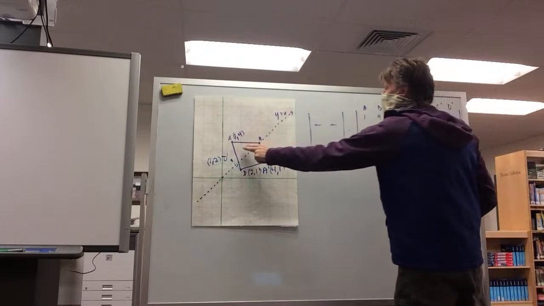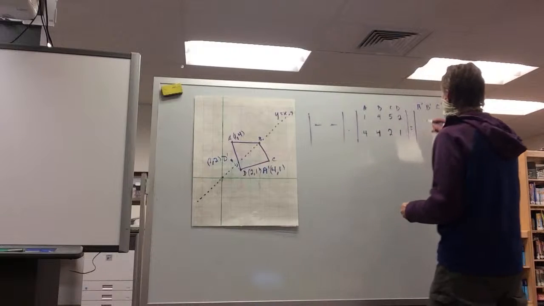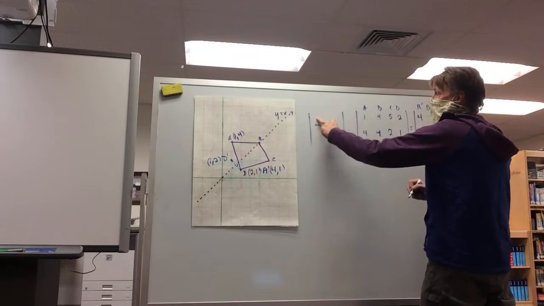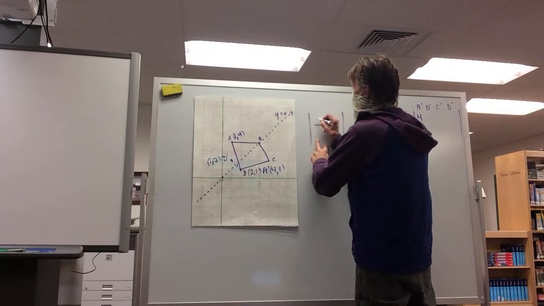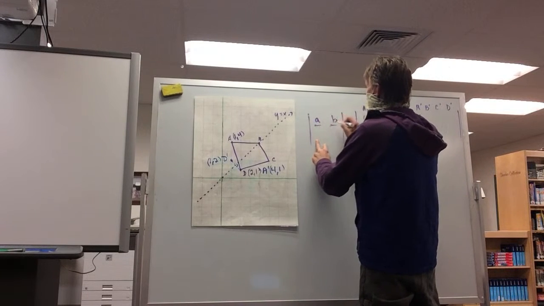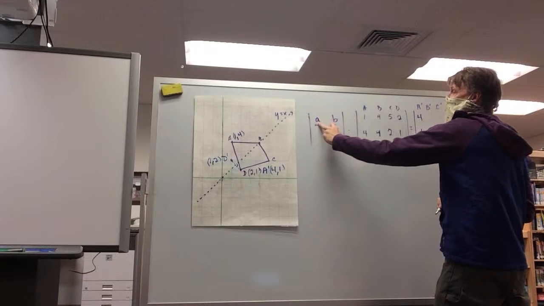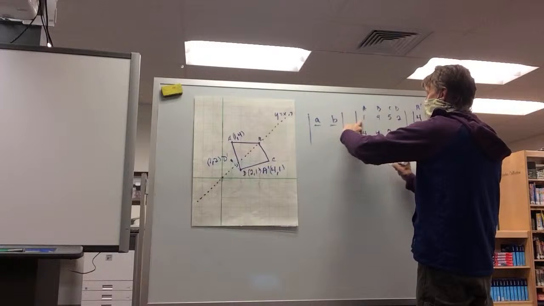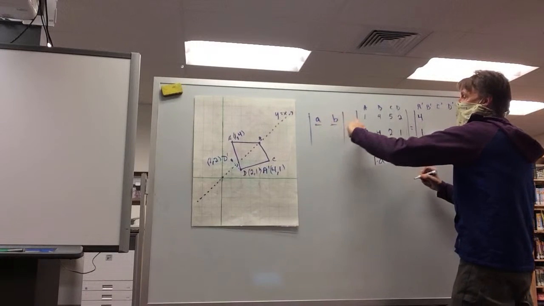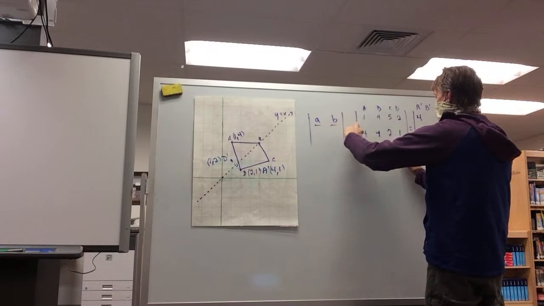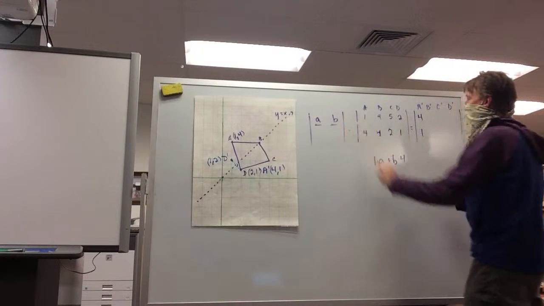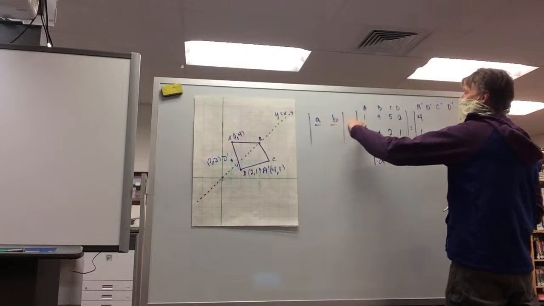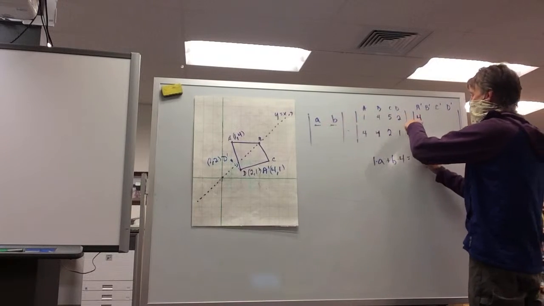So let's say I've got 1, 4, and it becomes 4, 1. Let's say that this is the value A. That's the value B. So A is going to get multiplied by 1. B is going to get multiplied by 4. They're going to get added together, and they need to equal 4.